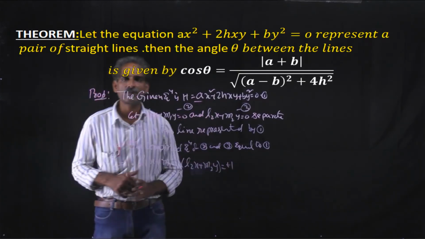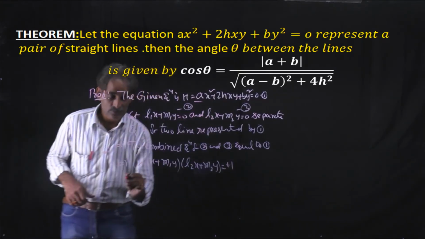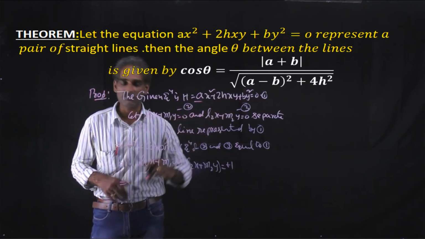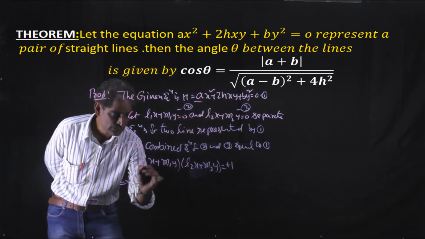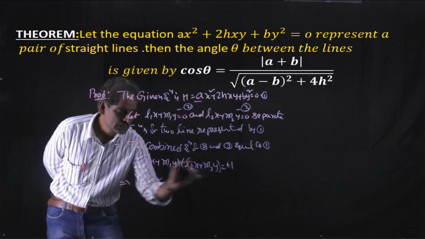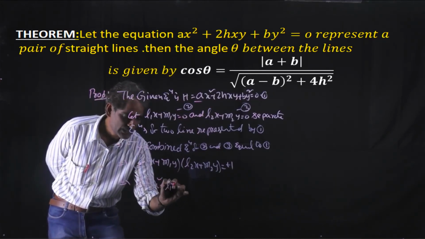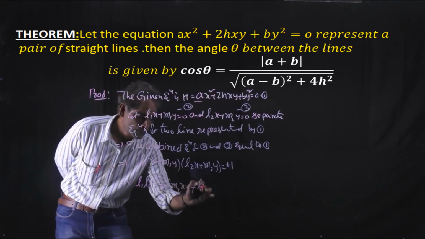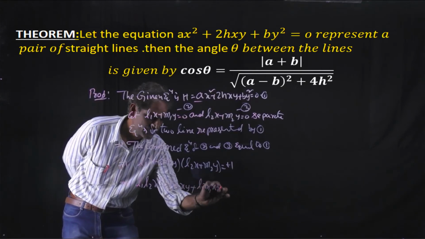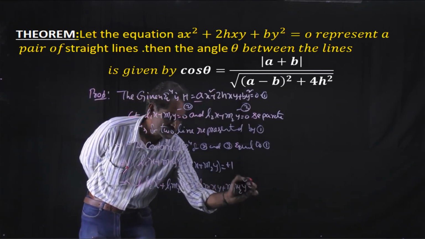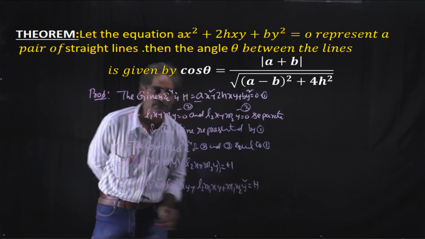Just find out the multiplication, so bring it into the standard form, x square into something, xy into something. L1 L2 x square plus L1 M2 xy plus L2 M1 xy plus M1 M2 y square is equal to 0 again.